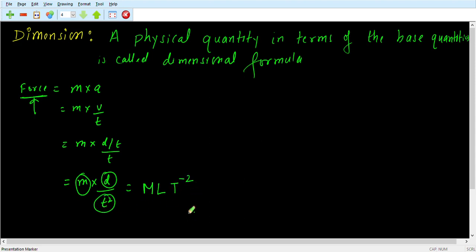So as I told you, when a quantity is expressed in terms of base quantities, it is written as a product of different powers of base quantities.